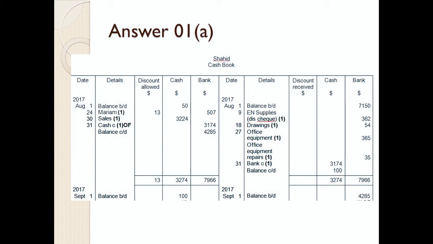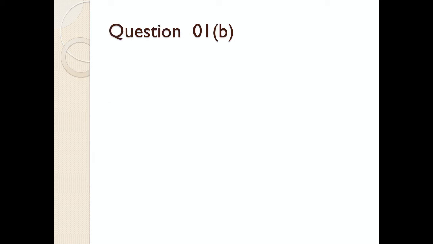Altogether your bank shows that on the credit side you have a total of 7,966, but you have something on your debit side as well. You have deposited 507 and 3,174 from your office. So the remaining overdraft balance is 4,285. So boys, here comes your brought down balance on 1st September for the bank, that is a credit balance.